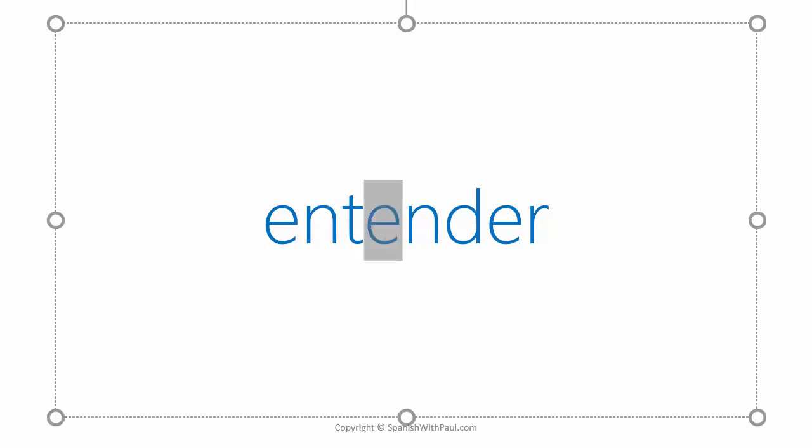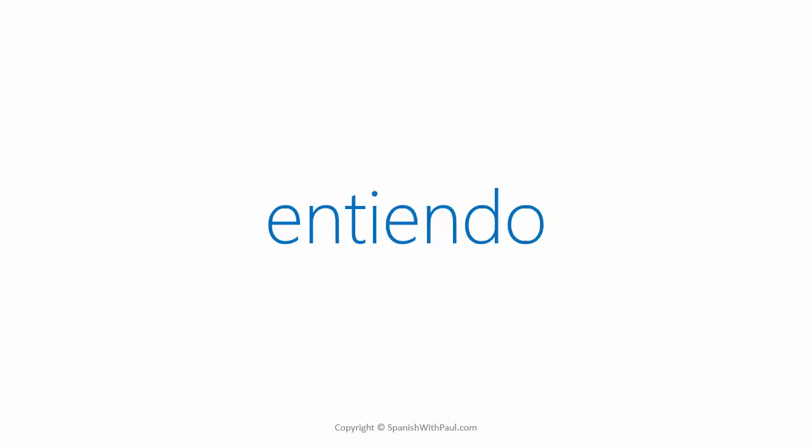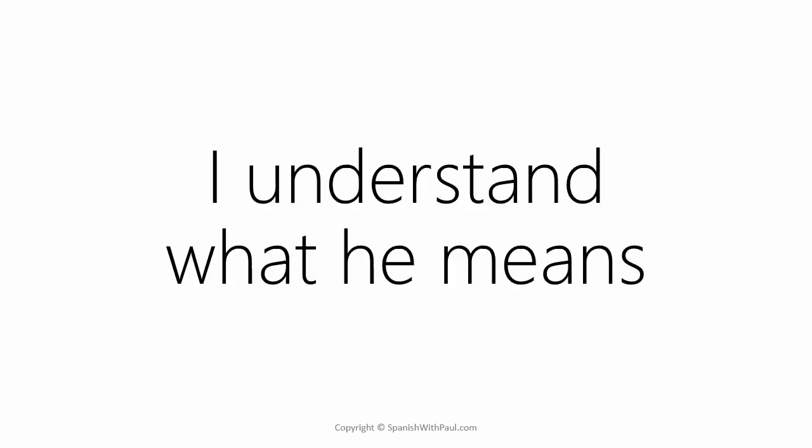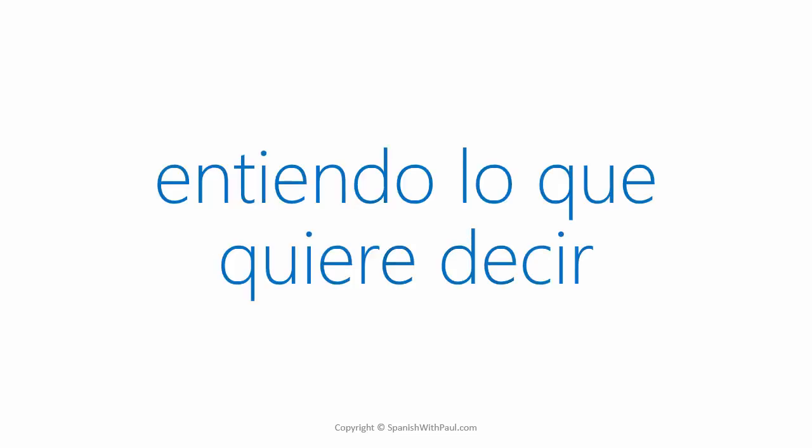But when you conjugate it, that E gets split into IE, and the sound becomes entiendo. How would you say, I understand what he means? Entiendo lo que quiere decir.